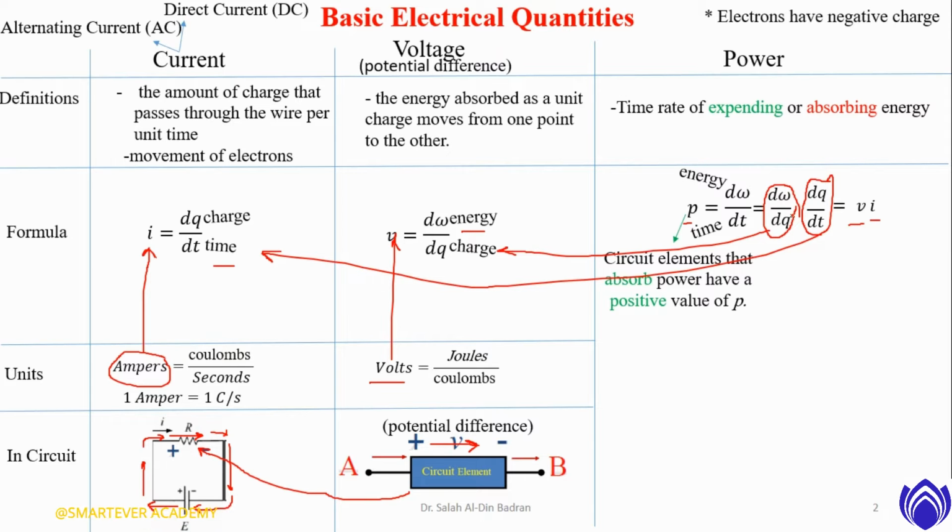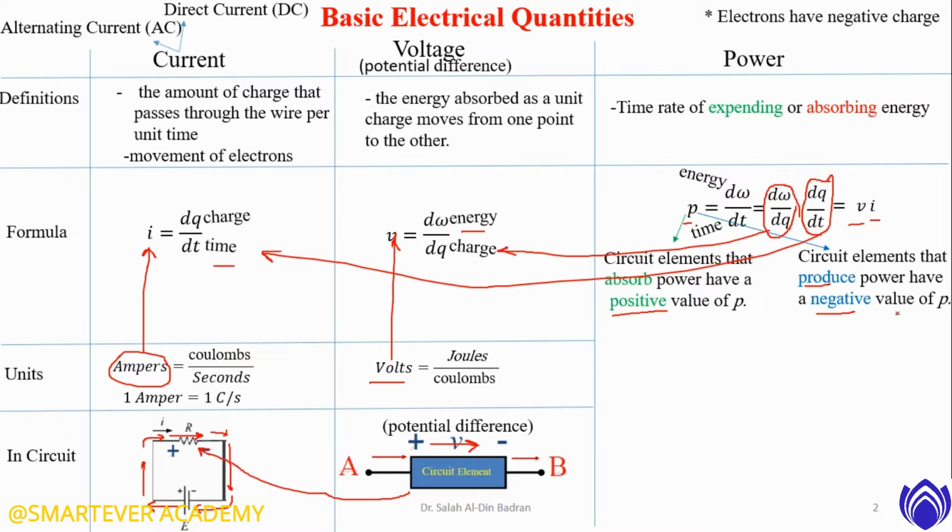Circuit elements that absorb power have a positive value of P, but circuit elements that produce power have a negative value of P.